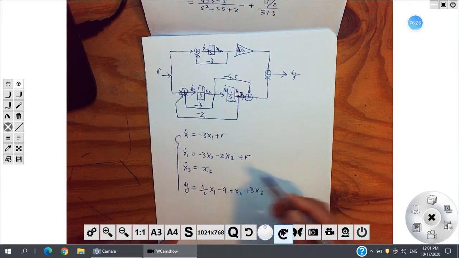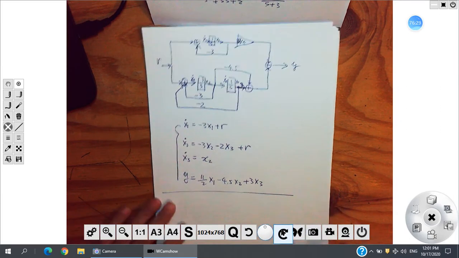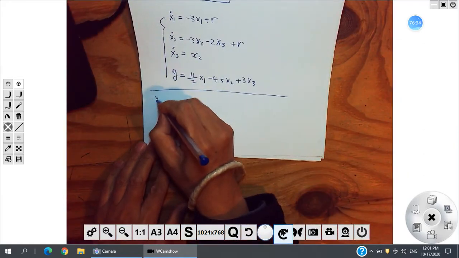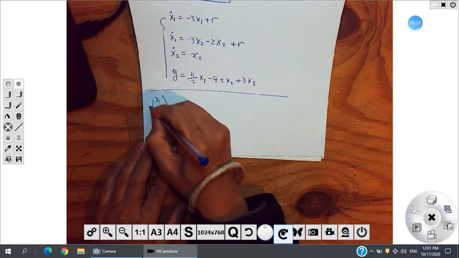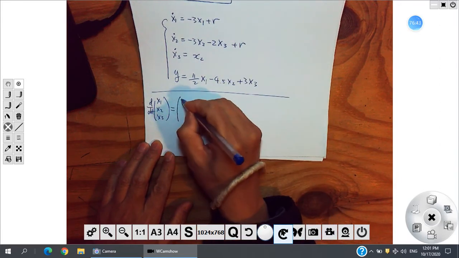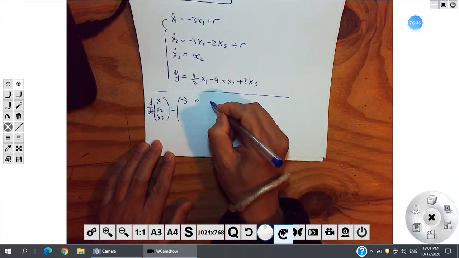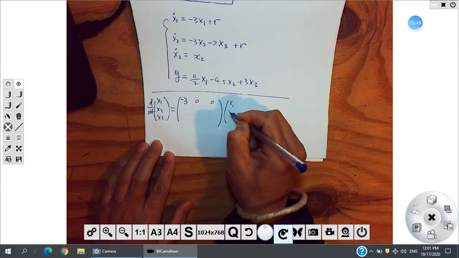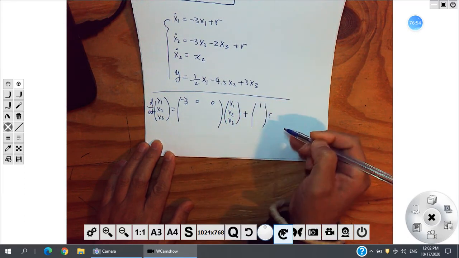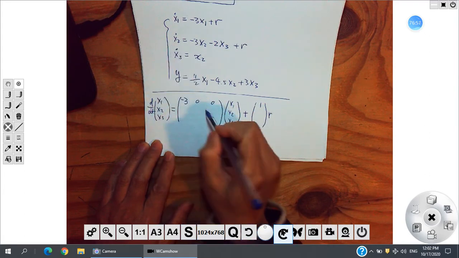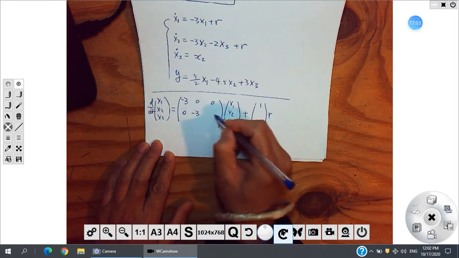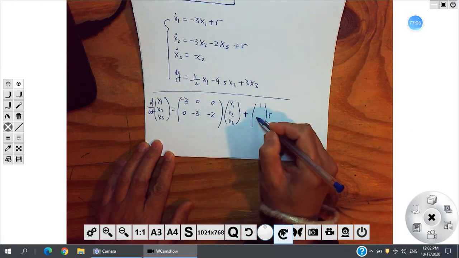Alright, so we have the equation looks like this. If we put them in matrix form, then we have x1, x2, x3, take derivative, that will be -3 of x1, no x2, no x3, and plus 1 of the r. The second equation, x2 dot is no x1, -3 of x2, -2 of x3, and 1 of the r.